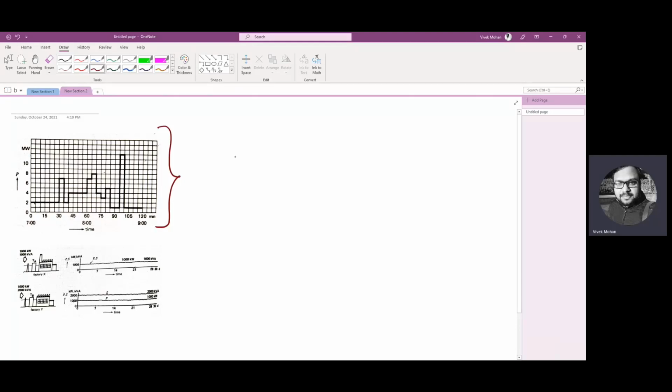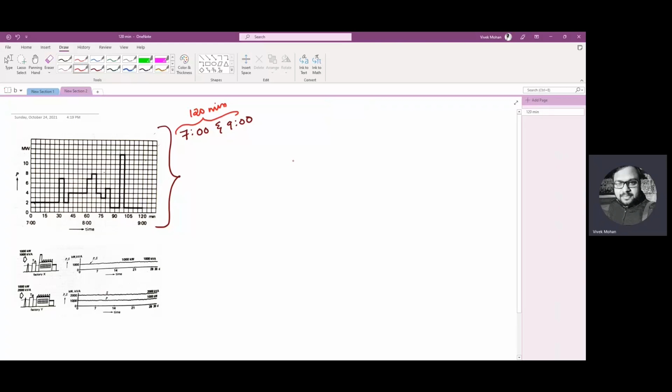What is shown here is the active power drawn by a large factory between 7 and 9, so for 120 minutes. Now the demand meter has a 30 minutes demand interval.